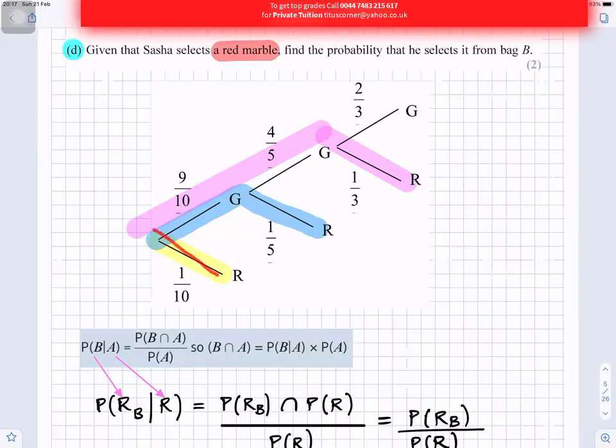You can have a red, or a green and a red, or a green, green, and a red.